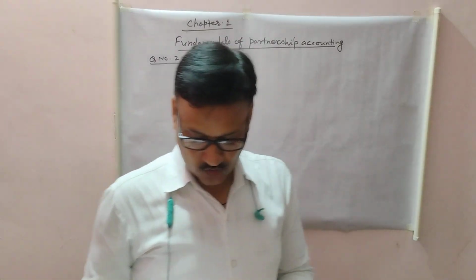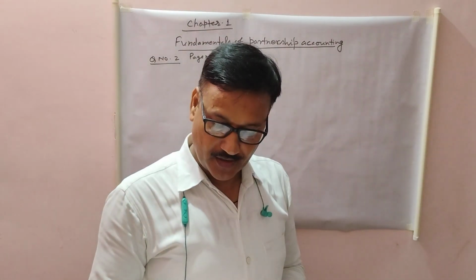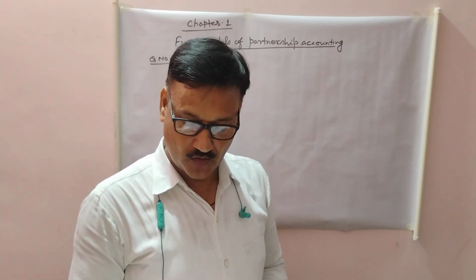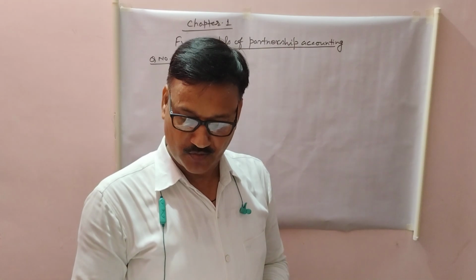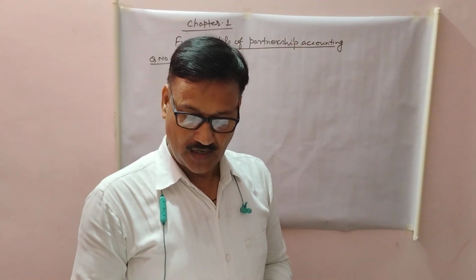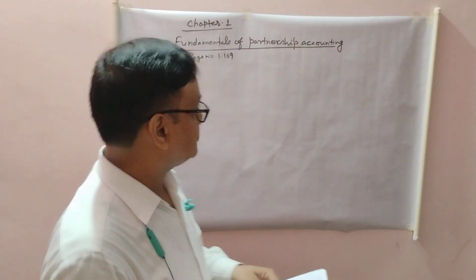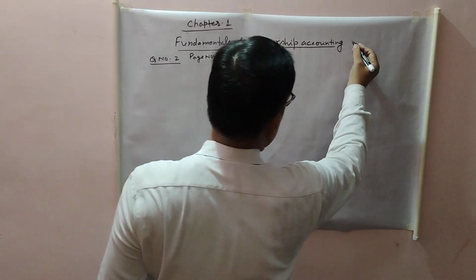What you have to do in this question? You have to prepare trading and profit and loss account and profit and loss appropriation account for the year ended 31st March 2024 and a balance sheet as on that date. You have been given a trial balance.